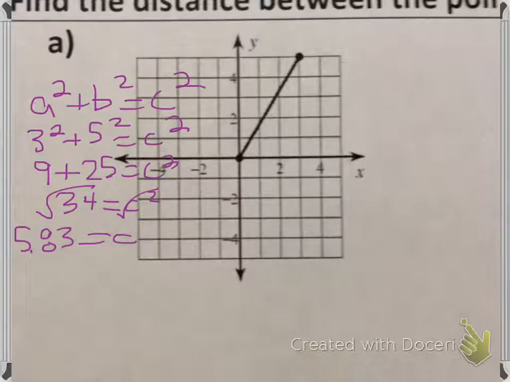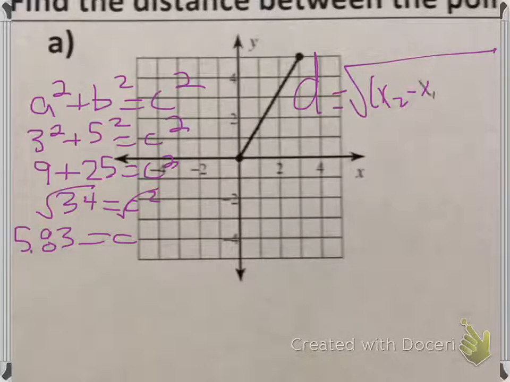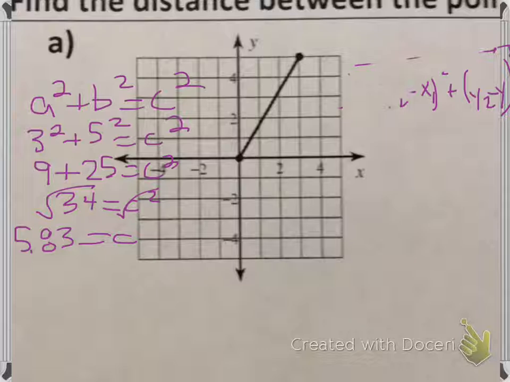Now though, if we wanted to, and you'll be able to tell that this formula is derived from the Pythagorean theorem because it's got the squareds in it and everything, the distance formula is actually x2 minus x1 squared plus y2 minus y1 squared. Gosh, you can't read that. Let me try that one more time.